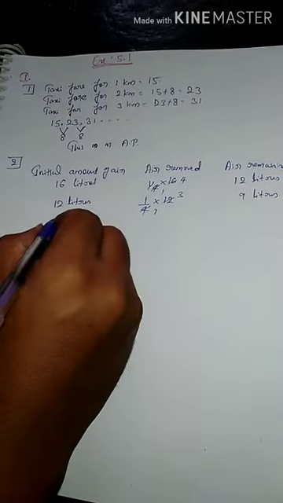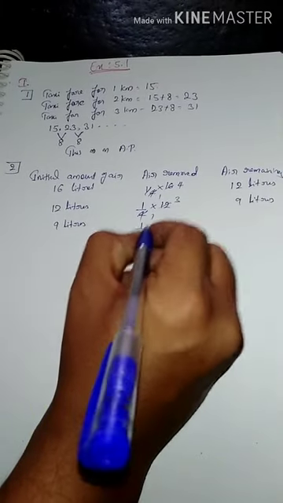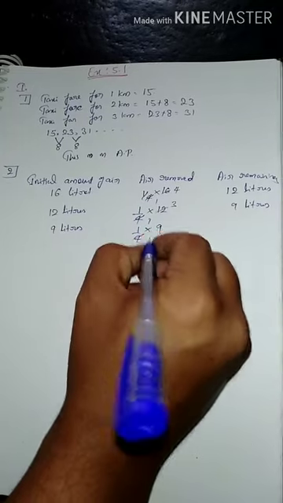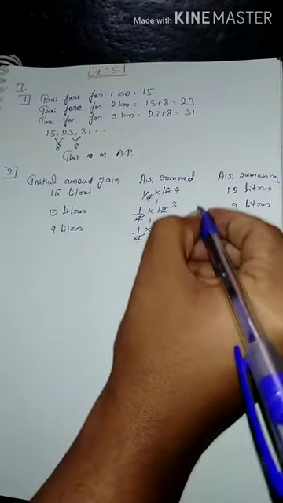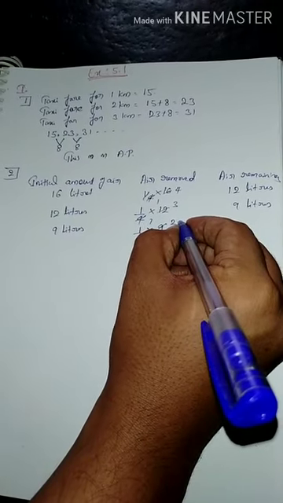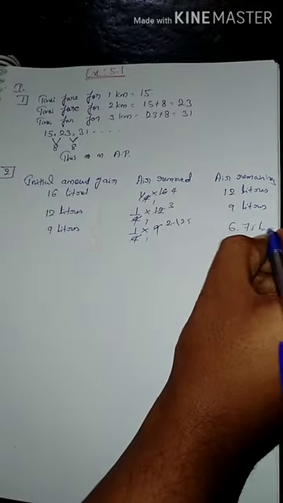The next, third time the initial air is 9 liters. Then each time 1/4 of the air is removed. 1/4 of 9 is 2.25, so about 6.75 liters of air remains.